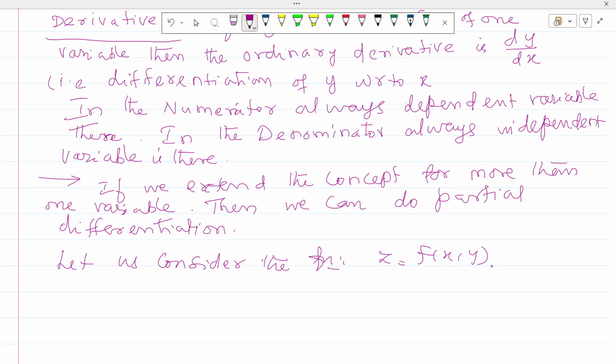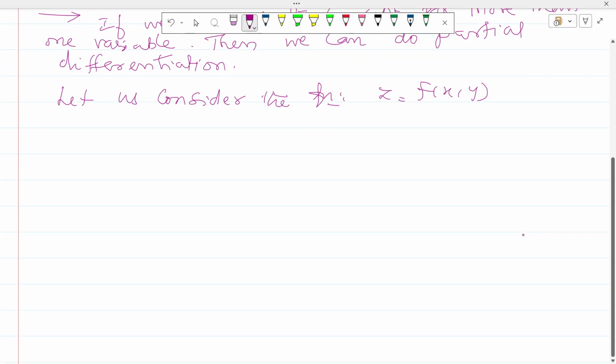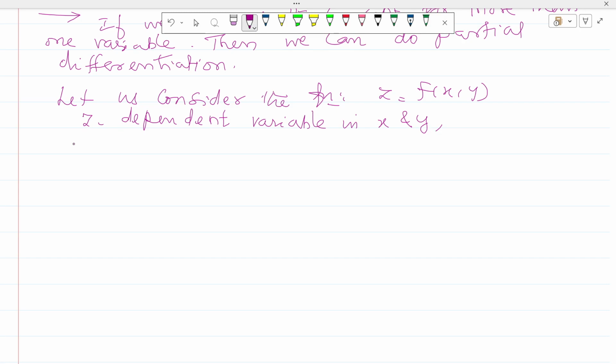Z is a function of x comma y. Then z is the dependent variable, and x comma y are the independent variables.